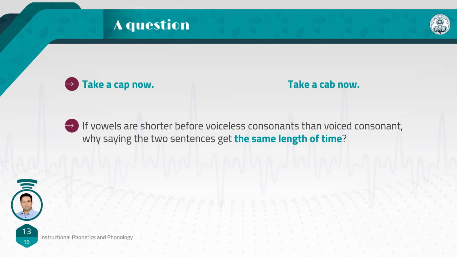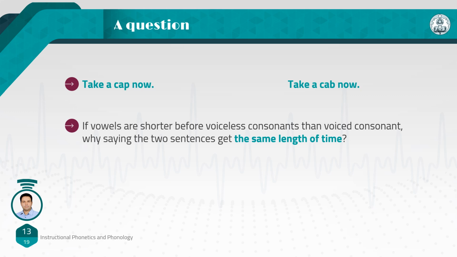Try comparing the length differences in these two short sentences. Take a cap now, take a cab now. If you say these sentences at a regular rate, you will find that the length of time between take and now is about the same in both.